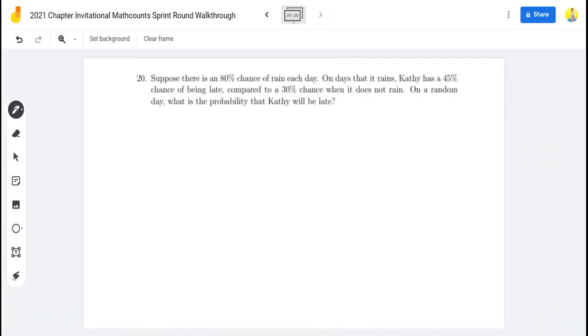Suppose there is an 80% chance of rain each day. On the days that it rains, Kathy has a 45% chance of being late compared to a 30% chance when it does not rain. On a random day, what is the probability that Kathy will be late? So if it does rain, Kathy has a 45% chance of being late. So 80% times 45% is the chance that she will be late if it does rain.